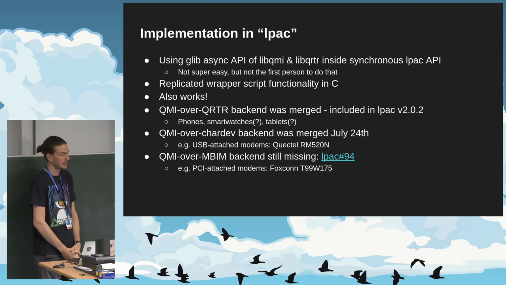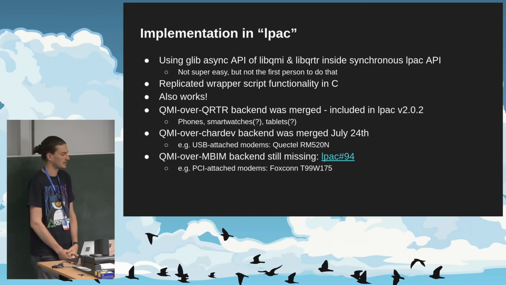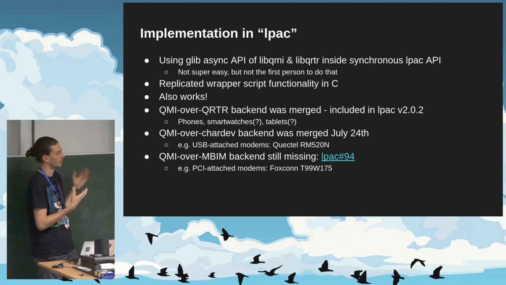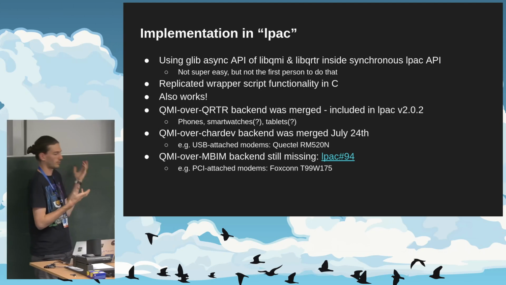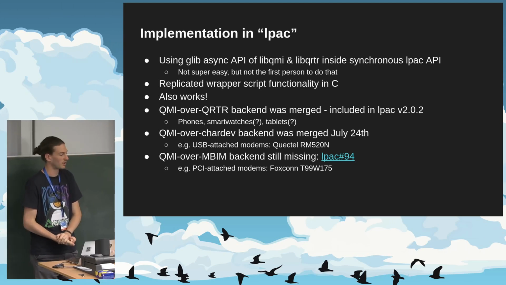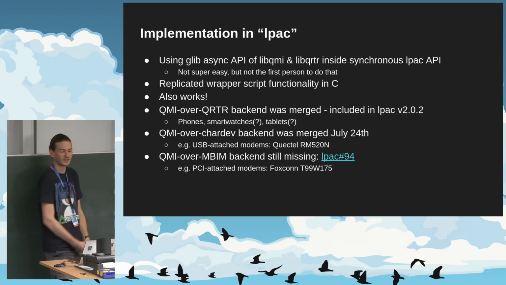And that also started working. Since LPSC version 2.0.2, this QMI over QRTR backend is merged. And it should work on anything from Qualcomm phones to probably Qualcomm smartwatches that have eSIM integrated, and Qualcomm tablets. And anything else that Qualcomm makes in this form factor, maybe TVs, I don't know. They shouldn't have eSIMs, hopefully.